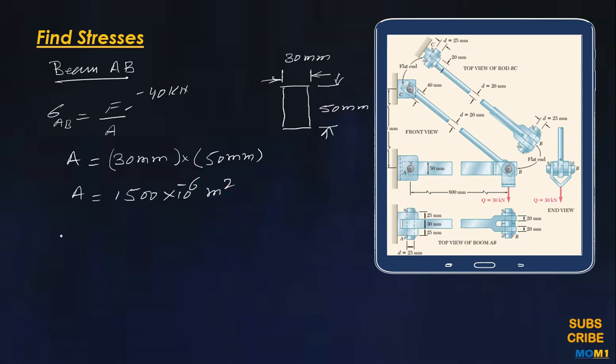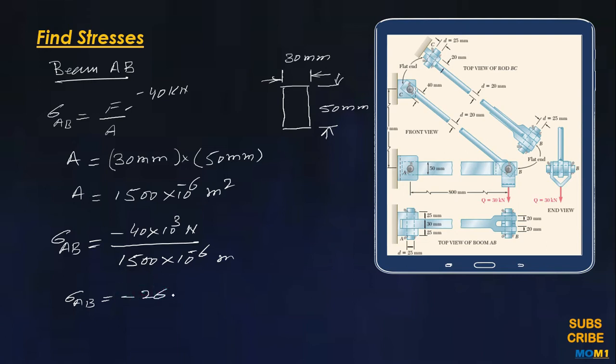So sigma AB is going to be, using these values, minus 40 into 10 raised power 3 Newton upon 1500 into 10 raised power minus 6 meter square, is going to be minus 26.7 megapascal.